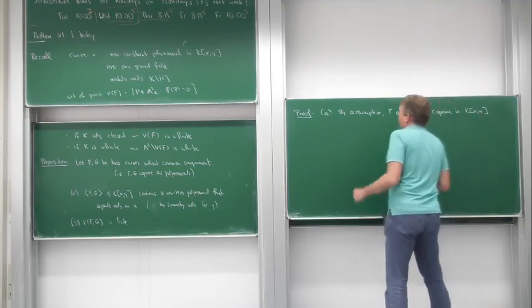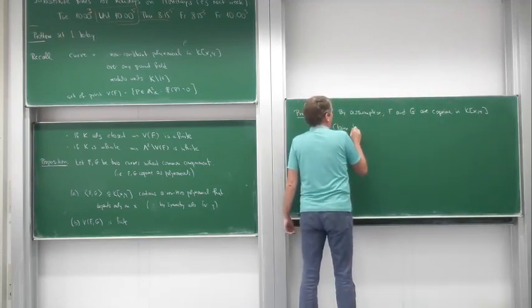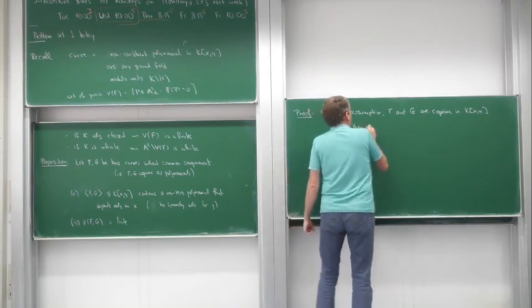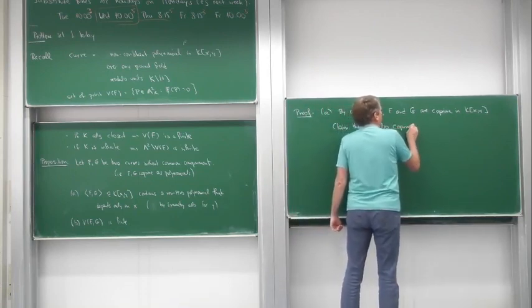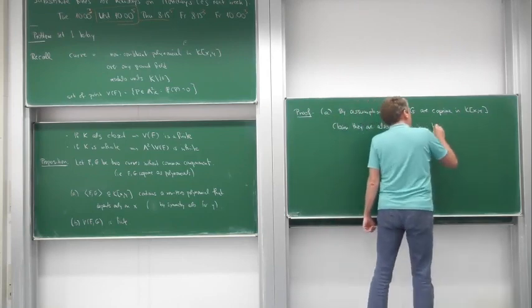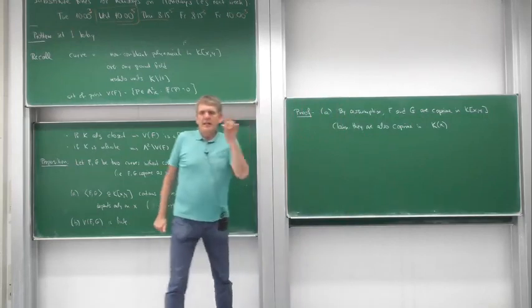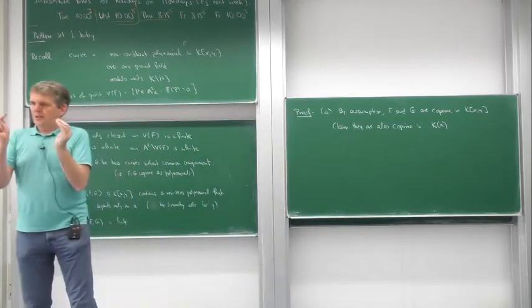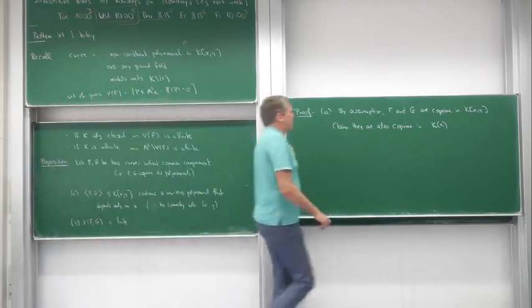And I claim that they are then also coprime in the larger ring, where you take the rational functions in x. Recall that we had this notation with round brackets saying that these were rational functions in x.